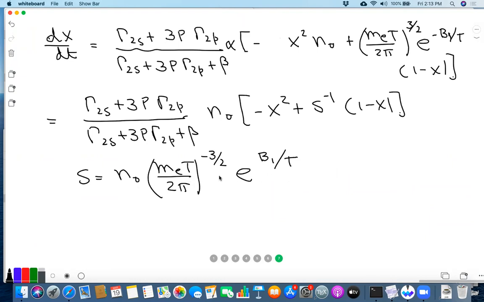And there the equilibrium condition for x that we got was s times x squared is equal to 1 minus x. This was the condition derived assuming thermal equilibrium.